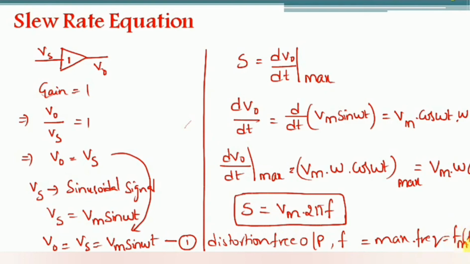We can indicate it with either FM or FH. So for distortion-free output, f is simply replaced with either FH or FM. So this is the procedure for how to derive the expression for the slew rate for this unity gain circuit. Thank you.